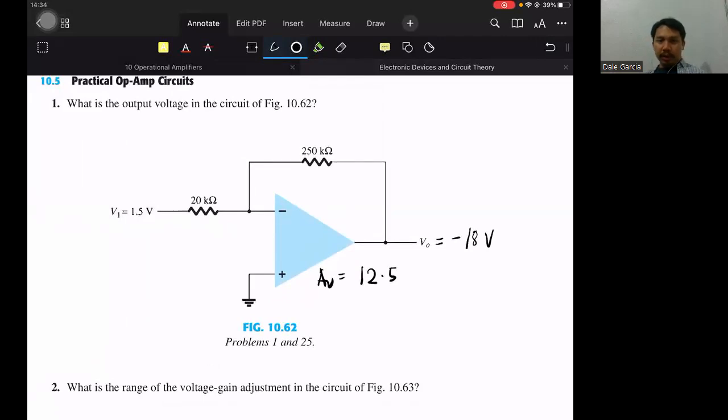Questions? Directly, you can use the formula: VO equal to negative RF over R times V1.